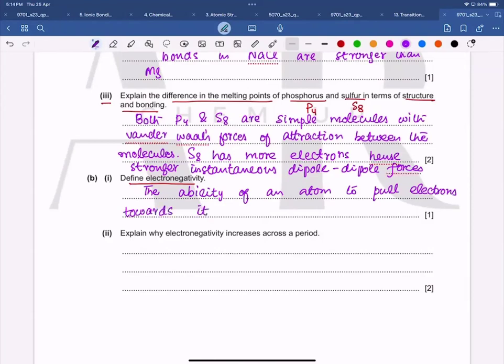Electron affinity is the force by which an atom gains an electron, and electronegativity is the force by which it attracts electrons which are already part of that atom or ion towards itself.